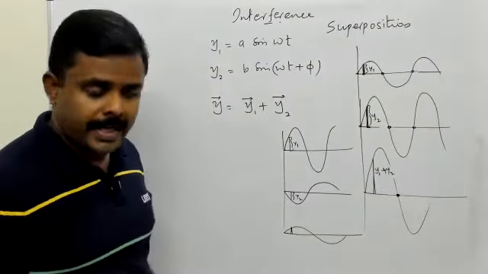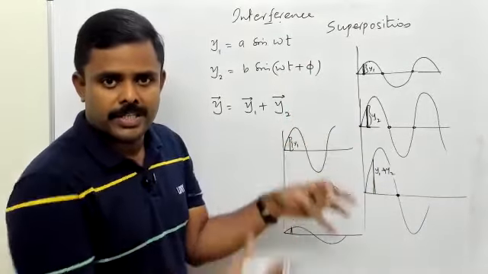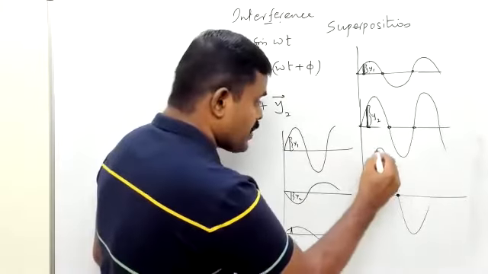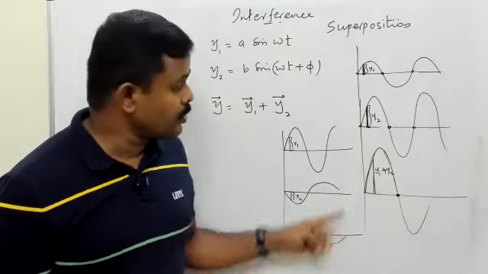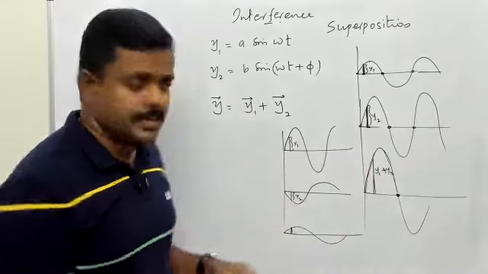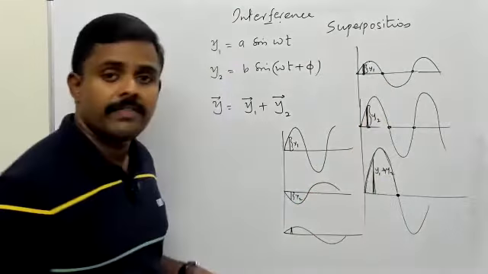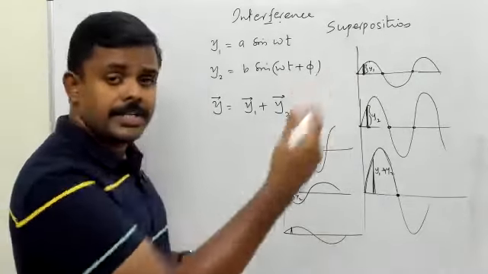And when they are allowed to superimpose on each other, the resultant wave will have a displacement equal to the sum of these two. At the same location, here it is y1, here it is y2, so this has to be y1 plus y2. That is valid for any instant.